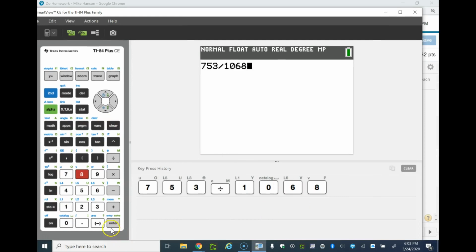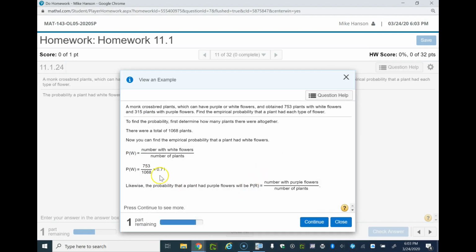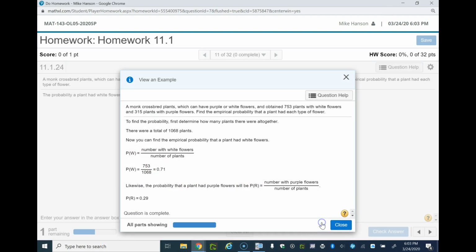We hit enter. And like I said, we're not changing to a fraction or reducing it because we want to round to 2 decimal places. So this is the tenths spot, this is the hundredths spot, this is a 5, that makes this go up to a 1, and this is where we have the answer of 0.71.